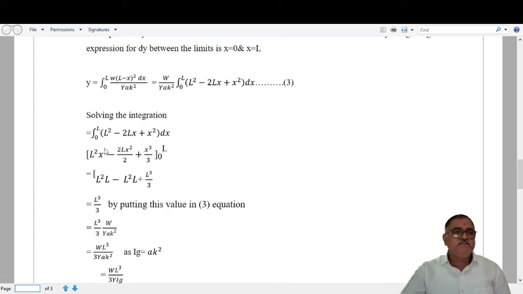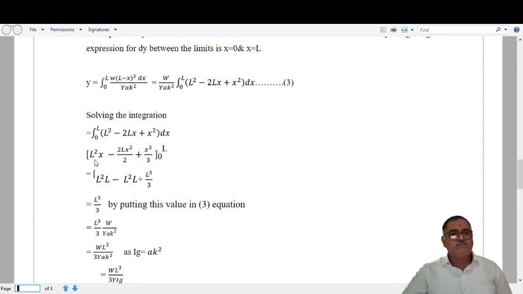See, this L square and the integral of dx, that is x, L square x minus twice L x square upon 2 plus x cube upon 3, between the limits 0 to L. Here, how this comes: this 2L as it is, this x multiplied by the x coming from this quantity, that is x square, that is 2L x square by 2, plus this x cube by 3, between the limits 0 to L, where the upper limit is L and the lower limit is 0, and this 2 will get cancelled.